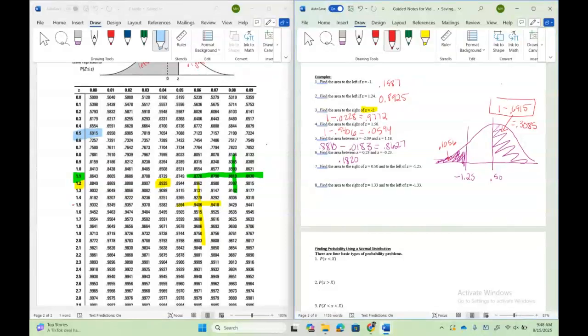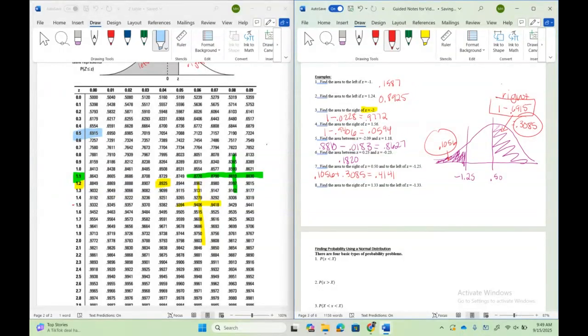And we're doing that 1 minus because we're finding the area to the right. So I'm going to add them up, and this answer is 0.4141.